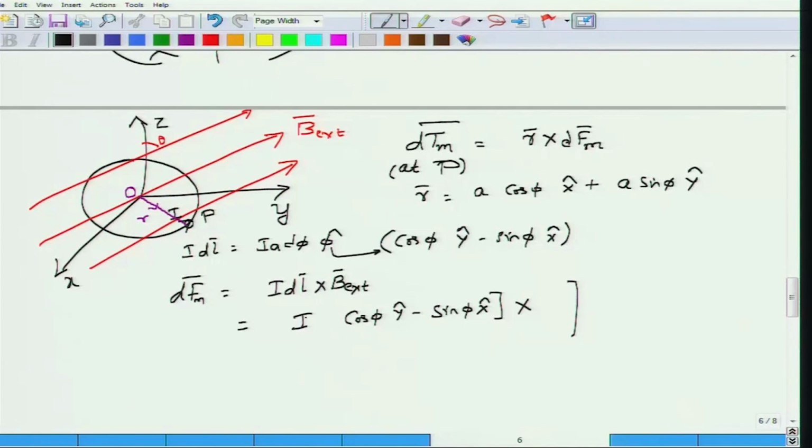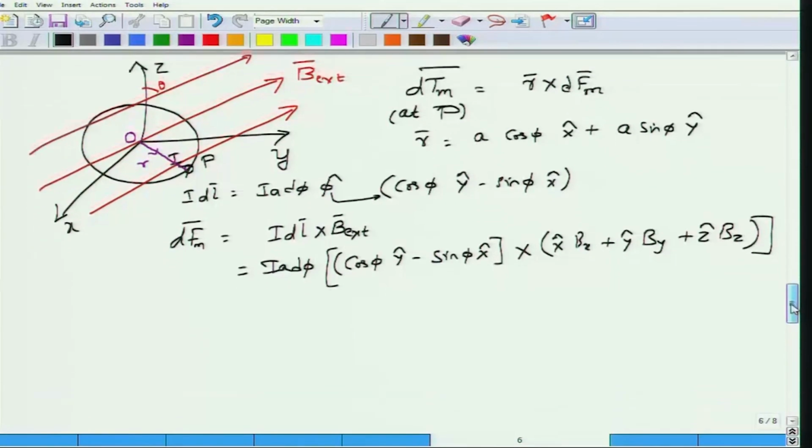So let me write down this IA cos phi y hat minus sin phi x hat cross with B external. The B external field can be written in terms of its x, y and z components. So I have x hat Bx plus y hat By plus z hat Bz. This entire thing multiplied by d phi. So I am going to write this as Ia d phi, and this is the expression.